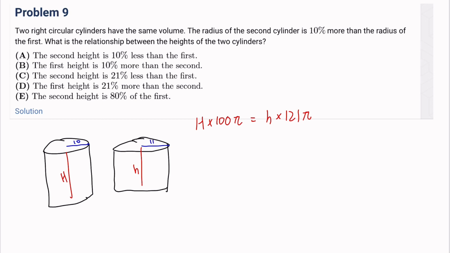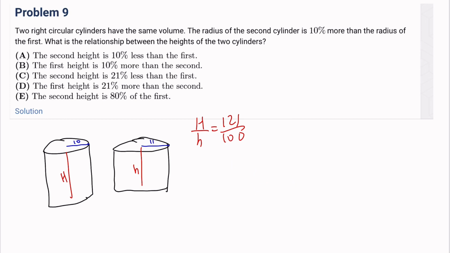And so that means that big H over small h equals 121 over 100, because if we divide pi from both sides, and then move 100 under here and move h under here, then that would give us that big H over small h equals 121 over 100, right? And so that's what we have here.